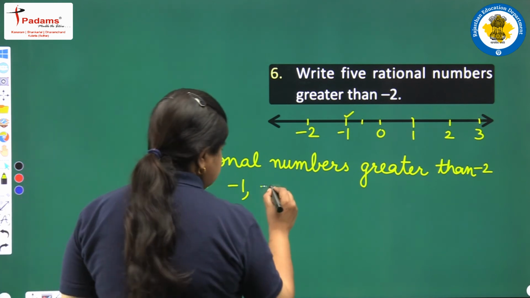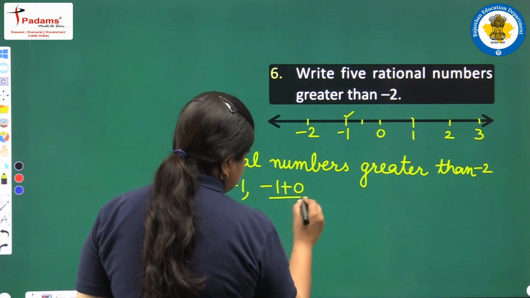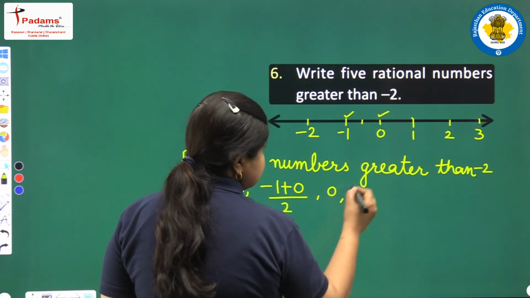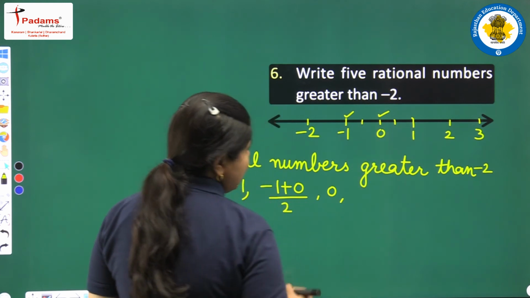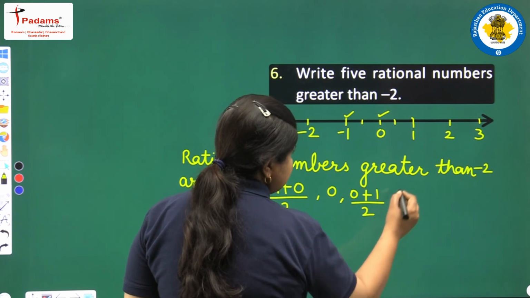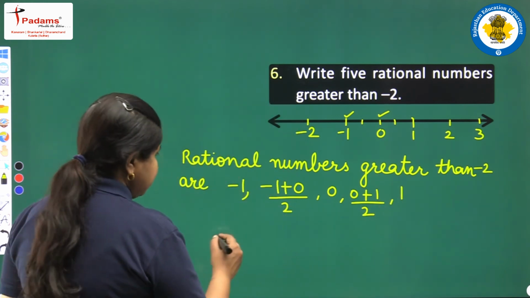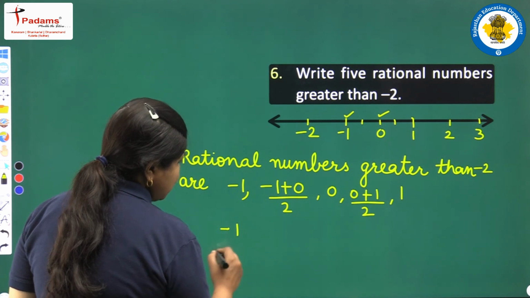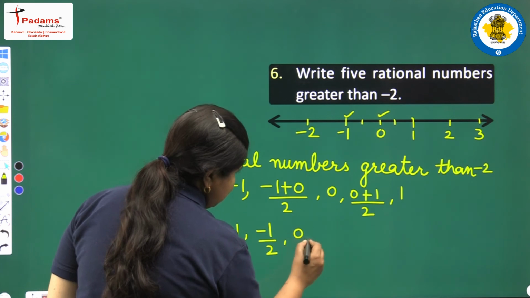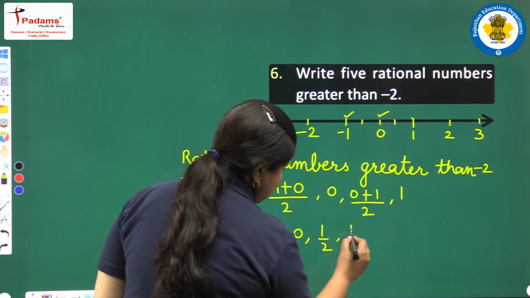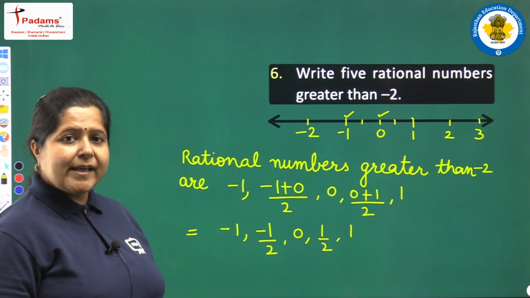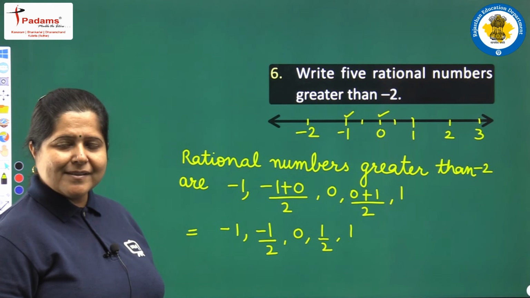Yes, take the mean, minus 1 plus 0 upon 2. Now we will take 0 itself, then between 0 and 1 we will get 0 plus 1 upon 2, next we can have 1. Then we have the answer to be minus 1, minus 1 by 2, 0, 1 by 2 and 1. So, these are the rational numbers greater than minus 2. Still you can have a different set of numbers.